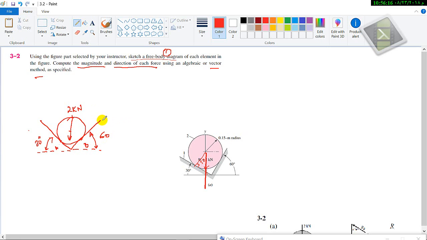Now we will use the vector method, where we try to form a closed triangle showing unified direction. First of all, let's say something here.